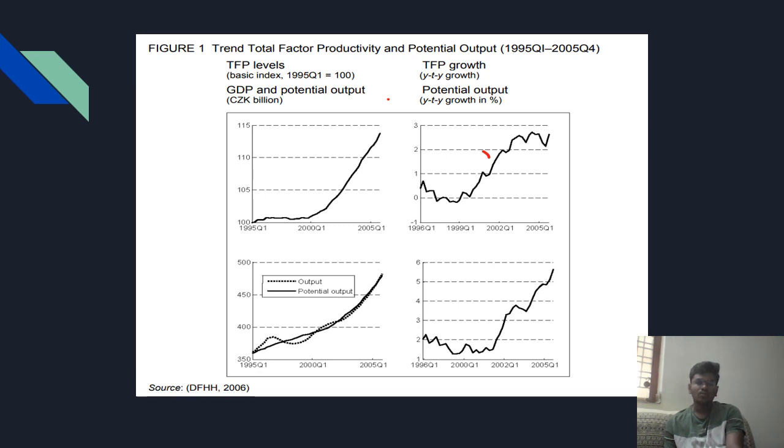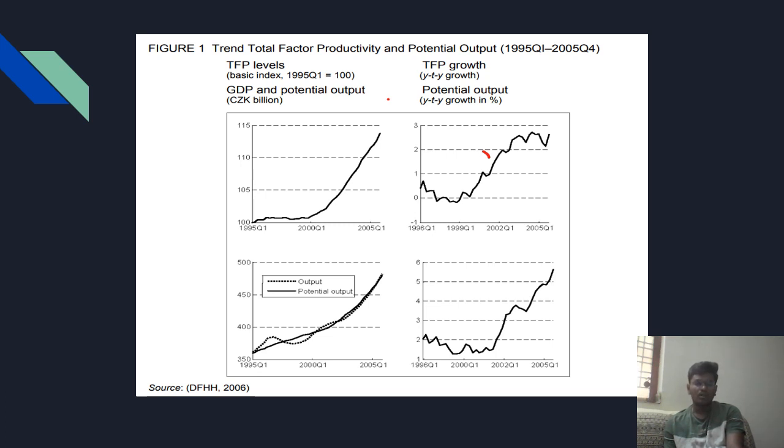And coming to TFP growth, it started at a good point, but it has been decreasing and increasing, with many ups and downs, and it has risen slowly from 1995 to 2005. And coming to the GDP and potential growth, it is near constant and consistent.